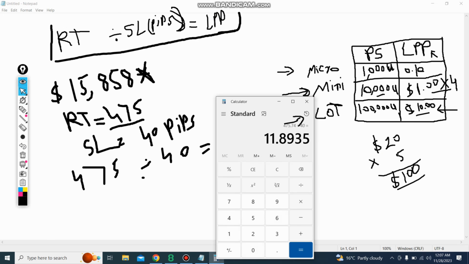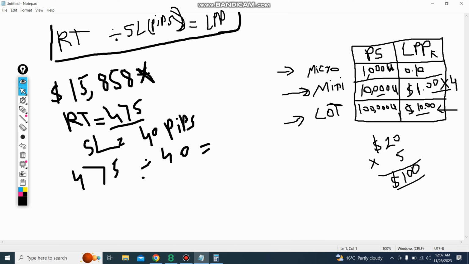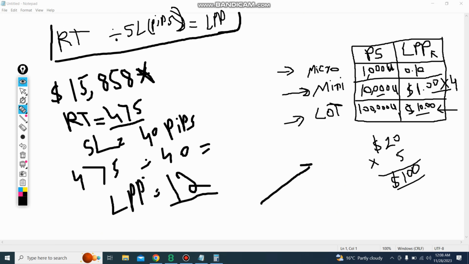Whenever I get a number like this, I just round it to the nearest dollar amount. If this was 11.6, I would round it up to 12. If it's 11.4, I will round it down to 11. So now I know that I have a $12 LPP. All I have to do is come over to my table, look at it.